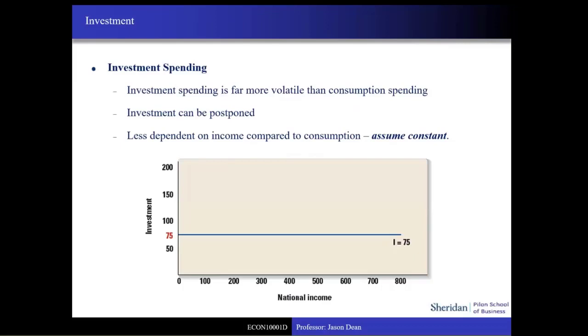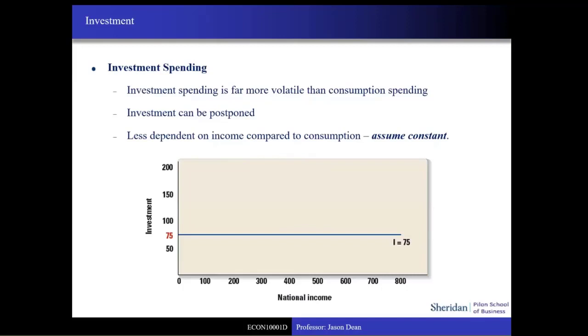But if you think of households, individuals, consumption spending doesn't change as much. But businesses can all at once quickly reduce how much they invest. So it tends to be more volatile, mainly because it can be postponed. So it's kind of less dependent on income compared to consumption.